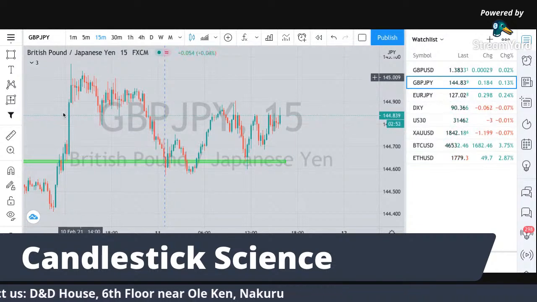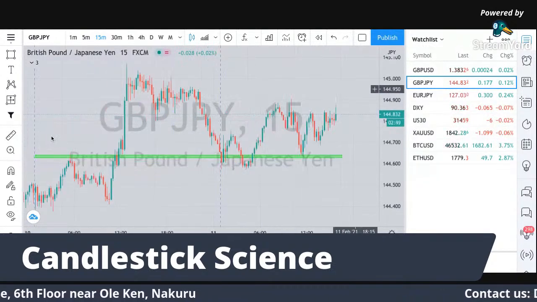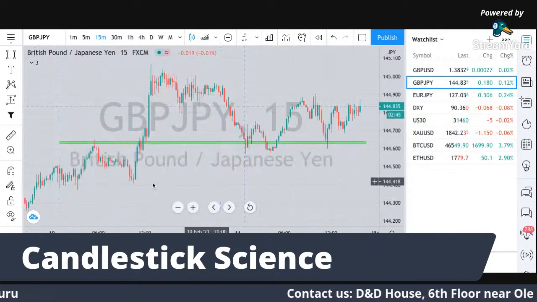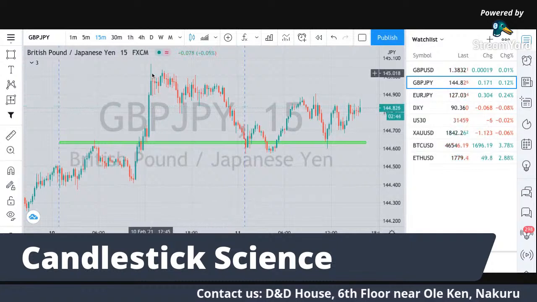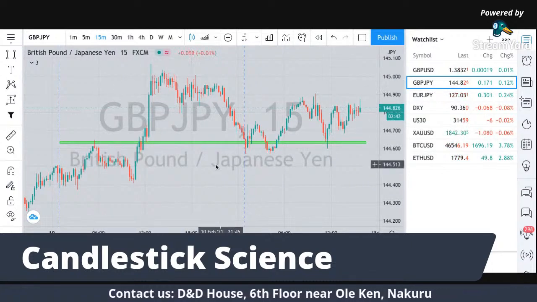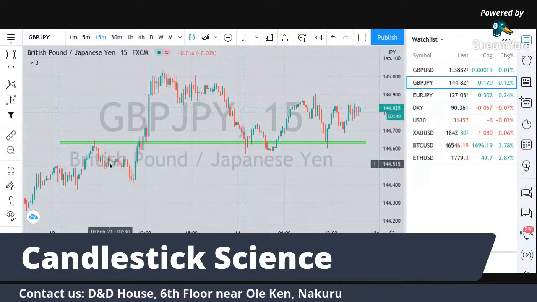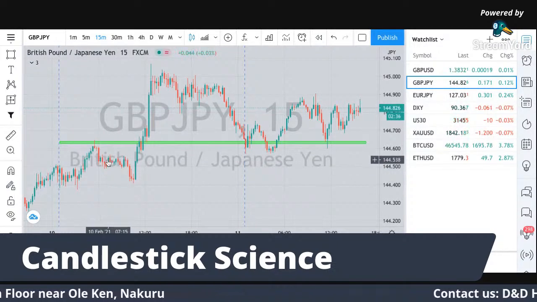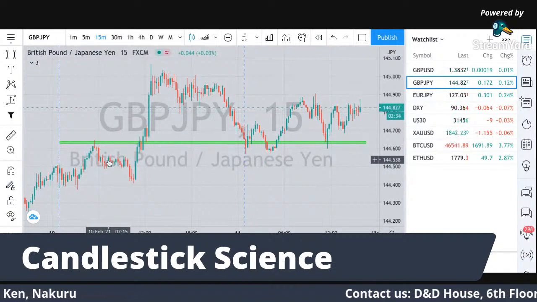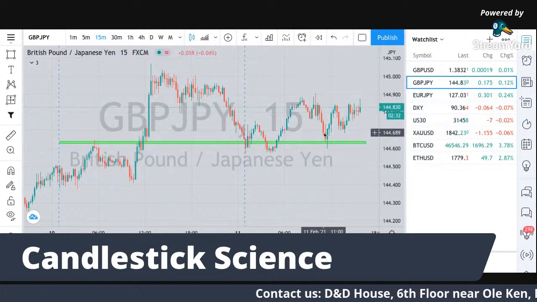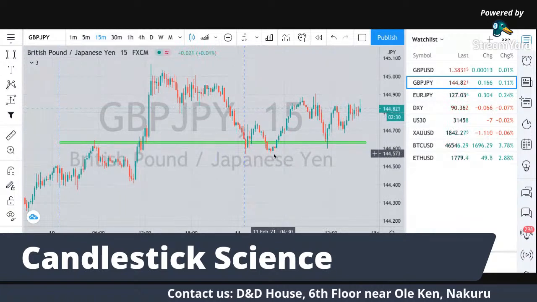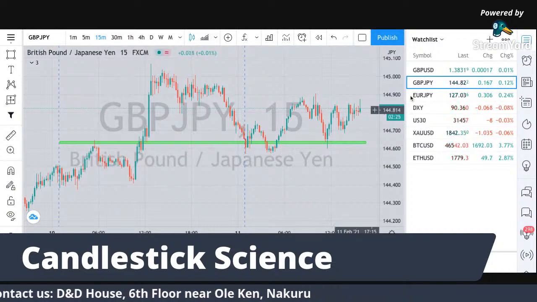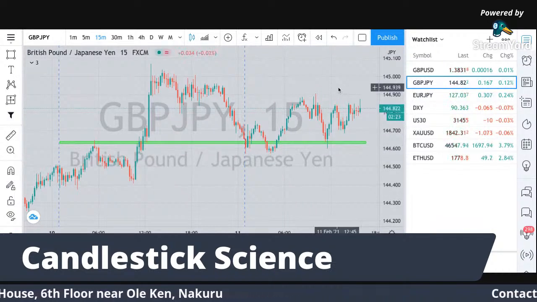Look at this. Does it make sense for price to be rejected at 145 yesterday and price to accumulate, look at this accumulation, at 144.5? You see, and then here it was rejected at 144.5. These are now the institutional levels.